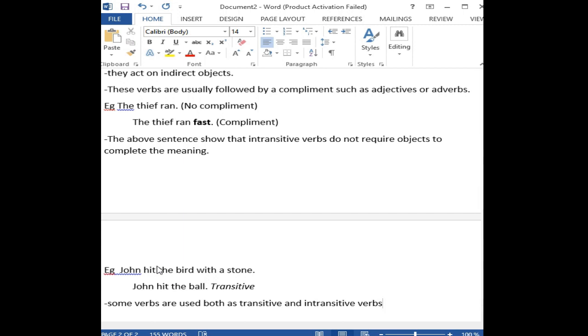And remember, this usage depends on how you frame your sentence.